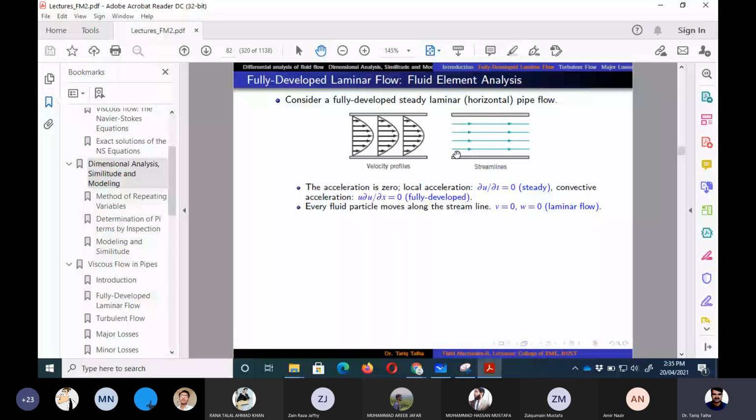It means that there is no acceleration, so the pressure force is balanced by the viscous forces in the fully developed region. Only if there is a net force can there be acceleration, because we know that F is equal to ma, where F is the net force.